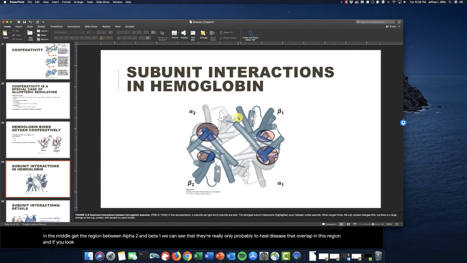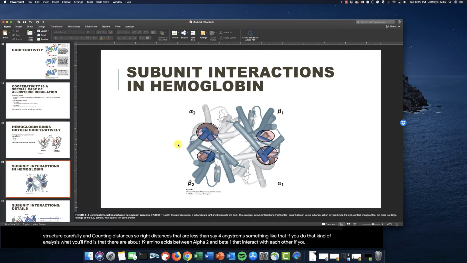And if you look carefully, this is not something that you'll find out, but this is someone sitting down with a piece of software, looking at the structure carefully and counting distances. Distances that are less than, say, 4 angstroms, something like that. If you do that kind of analysis, what you'll find is that there are about 19 amino acids between alpha 2 and beta 1 that interact with each other.